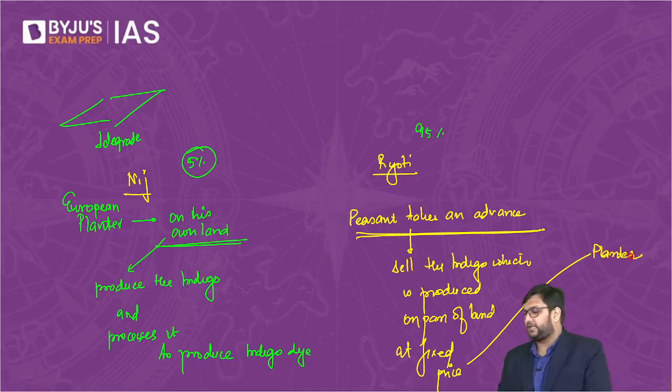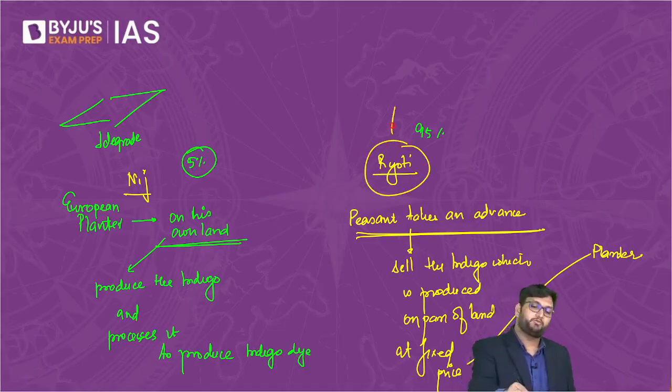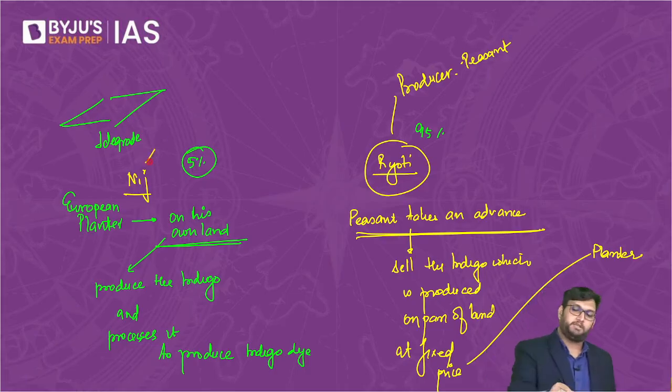So the planter is only going to process it. He's not going to produce it.